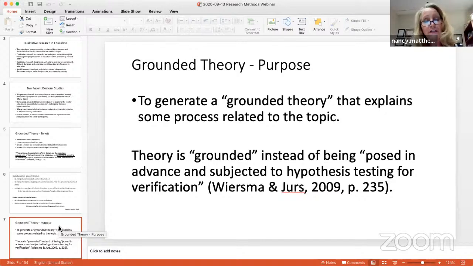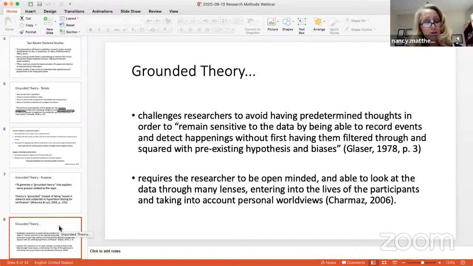So that is that the theory is grounded instead of being posed in advance and subjected to hypothesis testing for verification. As well, to keep in mind with grounded theory, and as explained here by Glaser, and what I personally appreciated about grounded theory is that it challenges researchers to avoid predetermined thoughts in order to remain sensitive to the data by being able to record events, to detect happenings without first having them filtered through and squared with pre-existing hypotheses and biases.